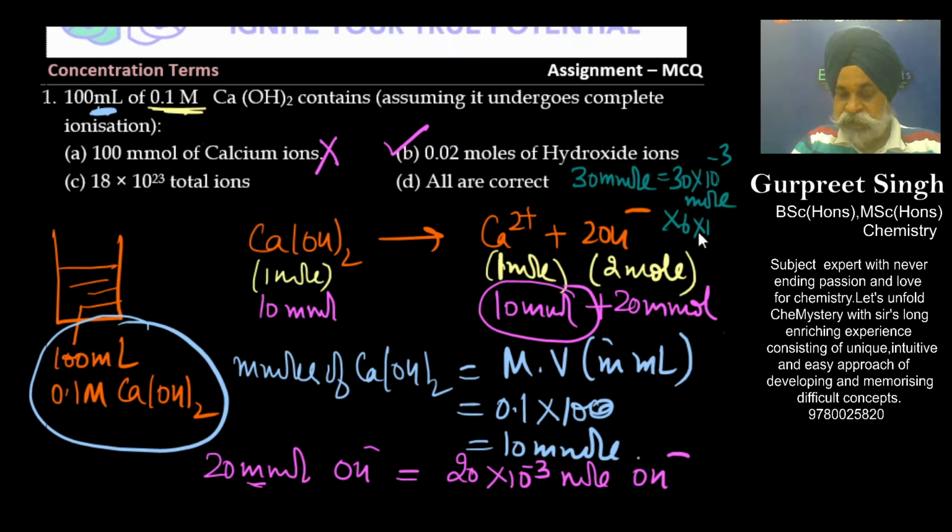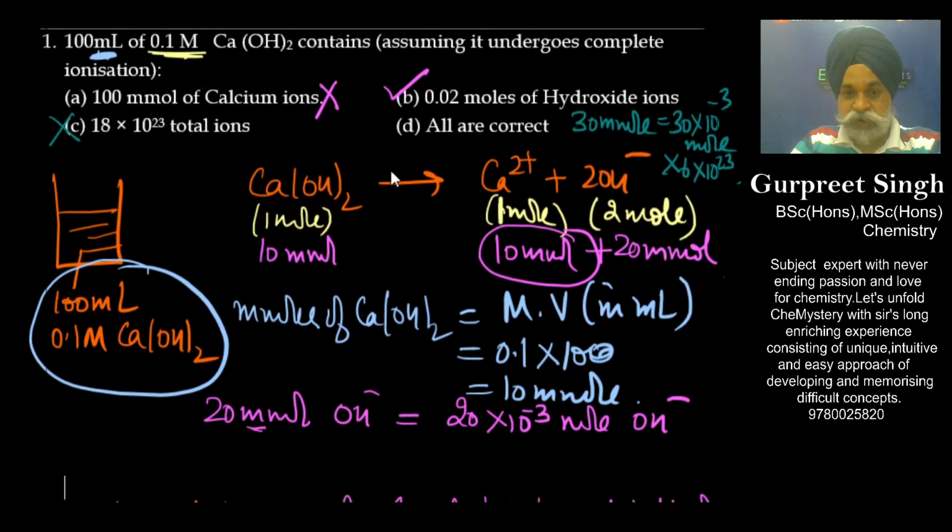They have taken 18, so I just take 6 into 10 raised to 23. So it makes around 180 into 10 raised to 20 total ions. So that is not the answer given here. So this also is a wrong answer. So the best answer out of this is the B option. I think I made my point clear. Let us move on to the second question.